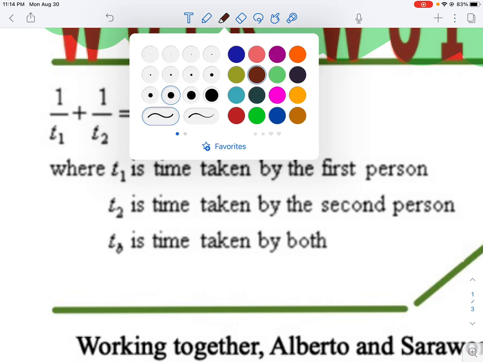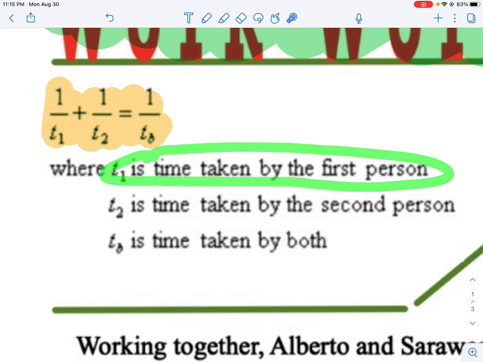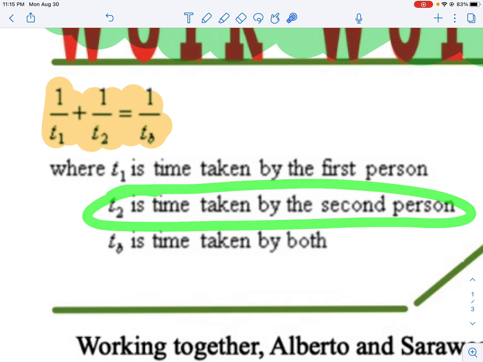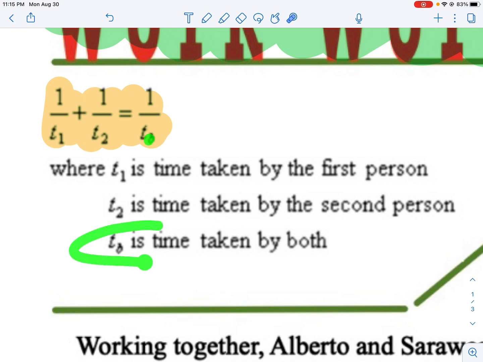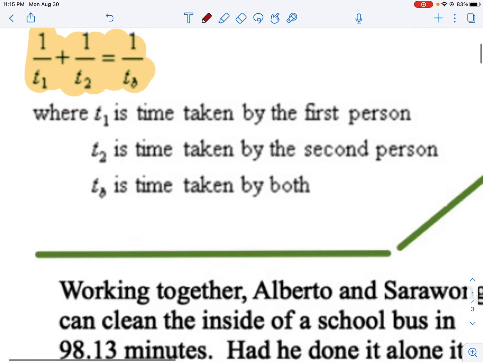T1 is the time taken by the first person, T2 is the time taken by the second person, and T3 is the time taken by both together. We're going to use this to set up all our equations.